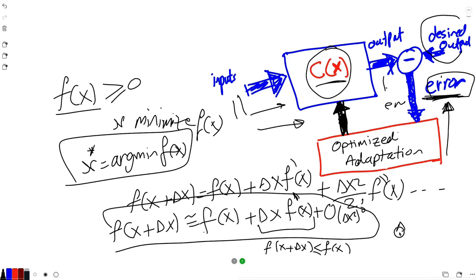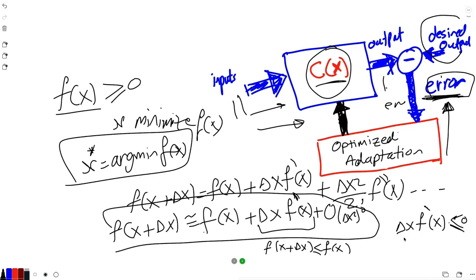So if this multiplication is a negative number, then we guarantee a decrease, or at least no increase, because if we reach the optimum point, then we will be stuck there.